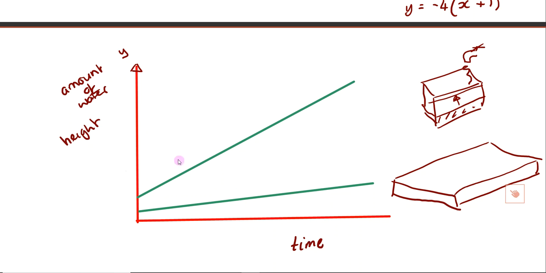So what would our gradient be? So the change in y is actually the change in... The water height. So change in height of the water. And this would be the change in time.